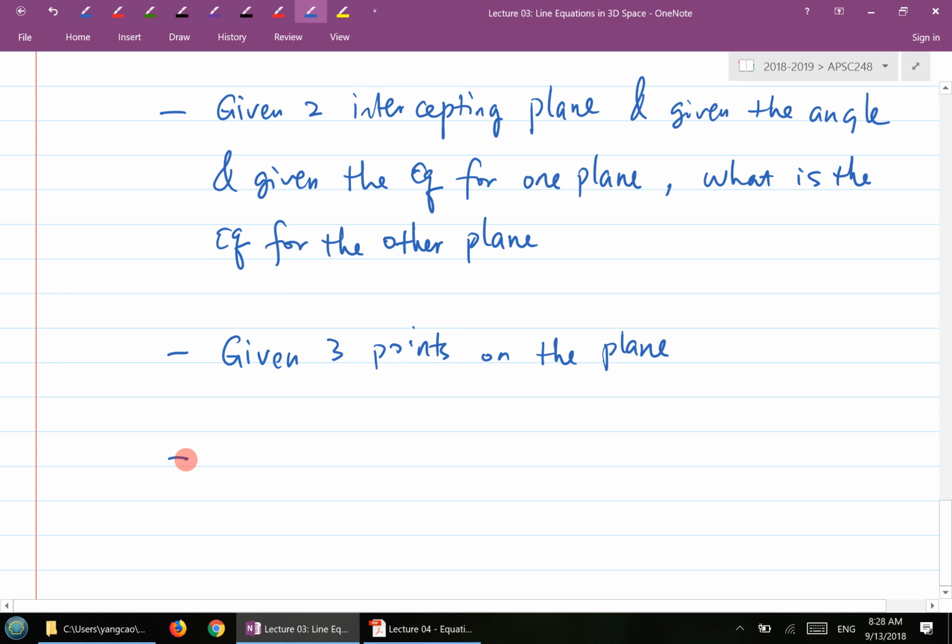A few minutes here to think about it. So you have 3 points. What will be the plane equation passing through these 3 points? Anybody, any idea? Just general thoughts?